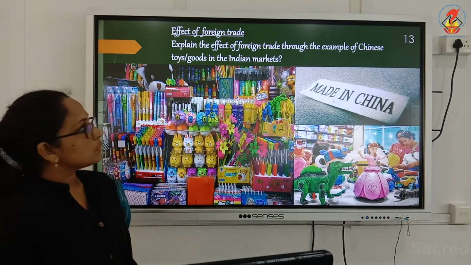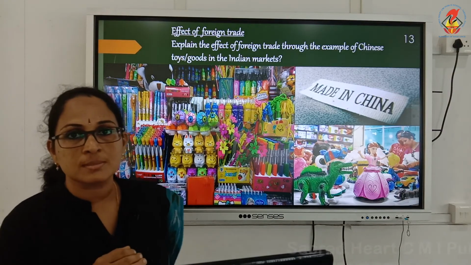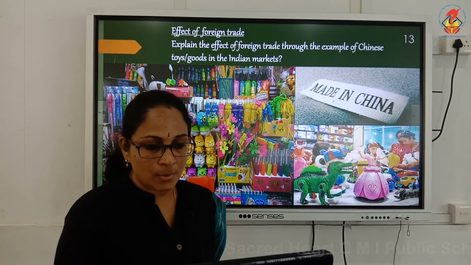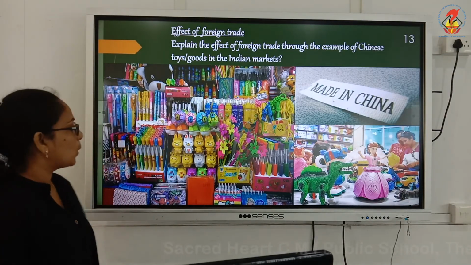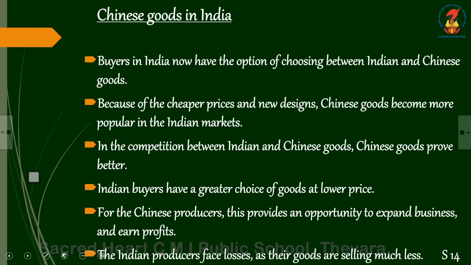So now I am going to discuss how this high demand for Chinese goods affects the Indian economy or Indian producers. Chinese goods in India: buyers in India now have more choice between Indian and Chinese goods. Because of the cheaper prices and new designs, Chinese goods become more popular in the Indian market.